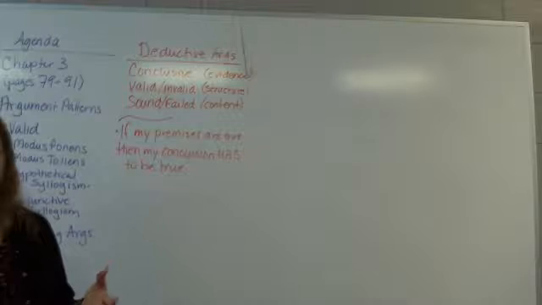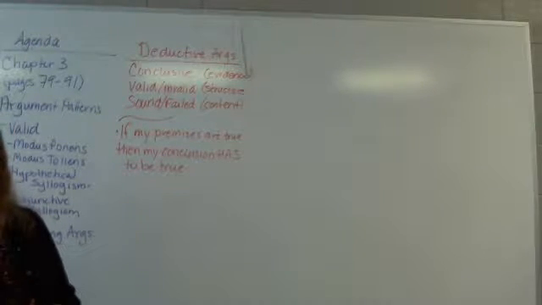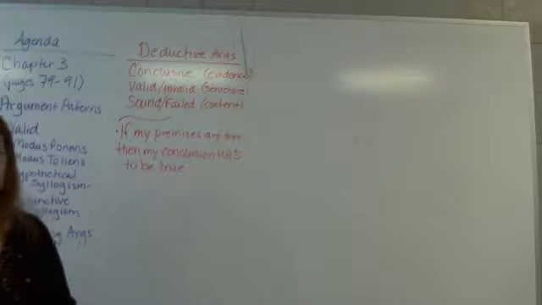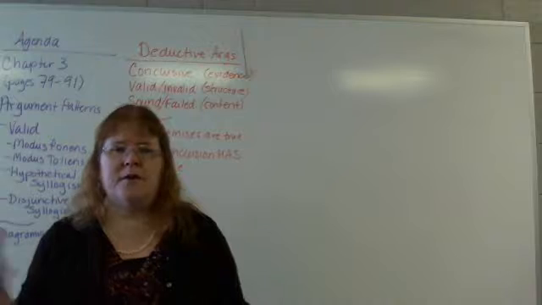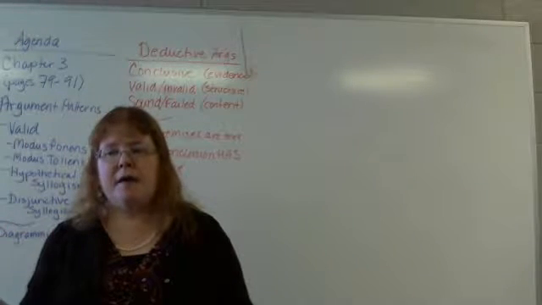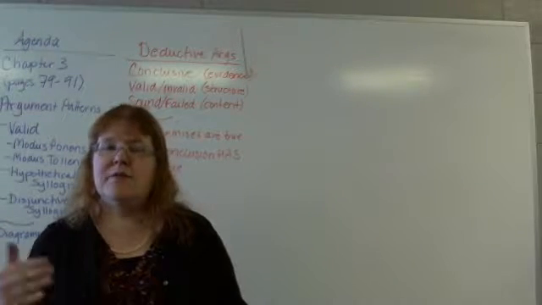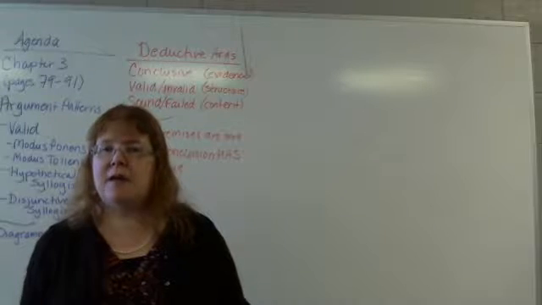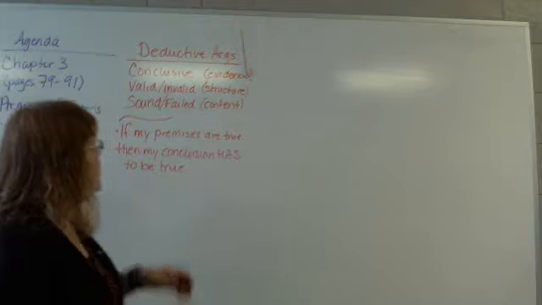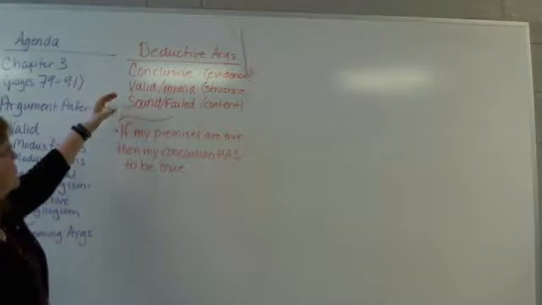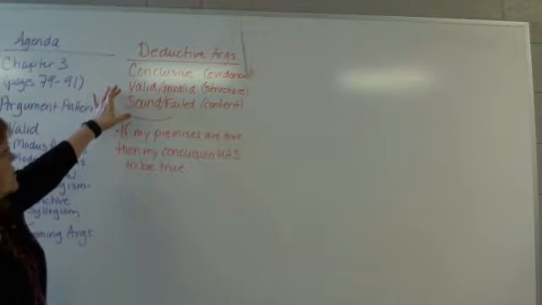If my premises are true, my conclusion has to be true. And a lot of times we try to overthink things. Of course, there could be other information, other ideas, other explanations for the phenomenon we're trying to look at. But given the things on the page, if those things are true, then my conclusion has to be true. That's a deductive argument.